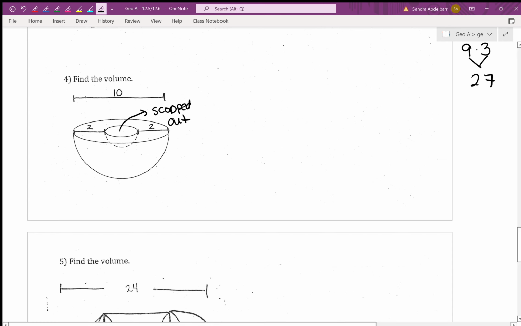Thank you. Volume of the big hemisphere minus volume of the small hemisphere. How are we going to figure out the diameter of the inner hemisphere, the small hemisphere?